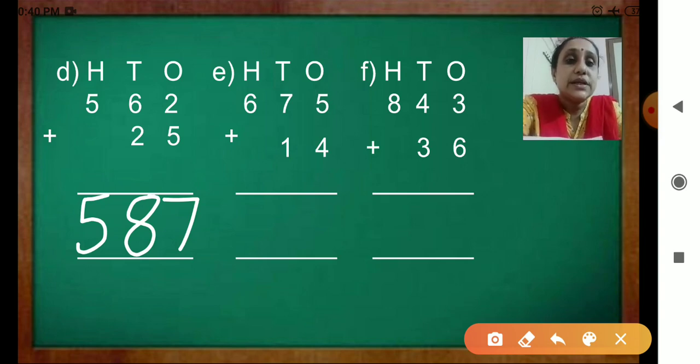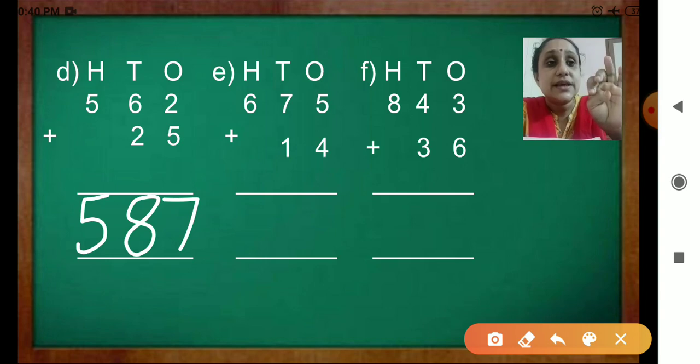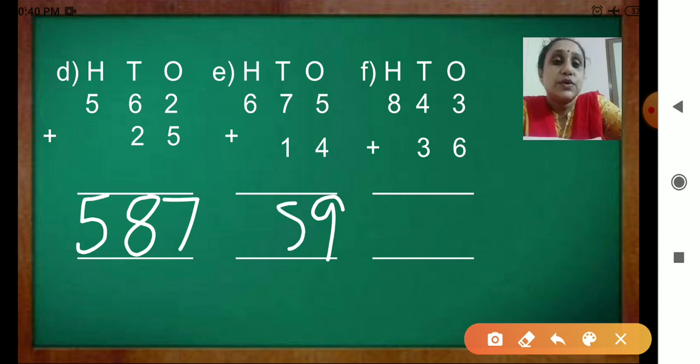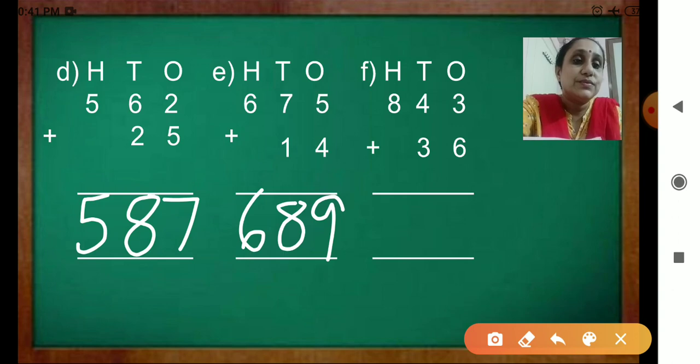Now the next one, 675 plus 14. 5 plus 4: 5 in your mind, and 4 fingers, 6, 7, 8, 9. So write 9. 7 plus 1 is 8 and 6 will come down.